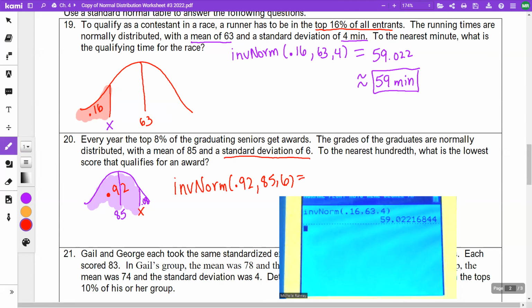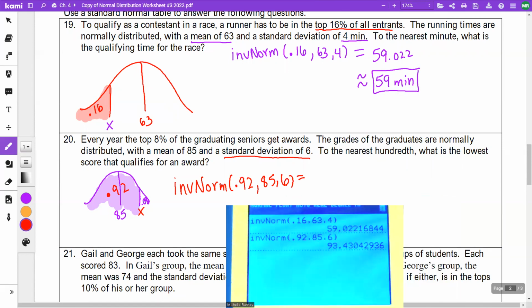Put that into my calculator: 0.92, 85, and 6. And I get a 93.43. They want it to the nearest hundredth. Okay, so that is the score. I'm not sure if it's as a percent, but that is the score.